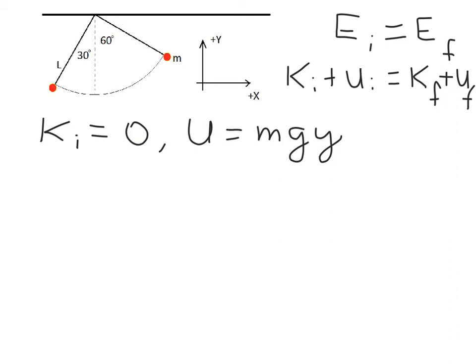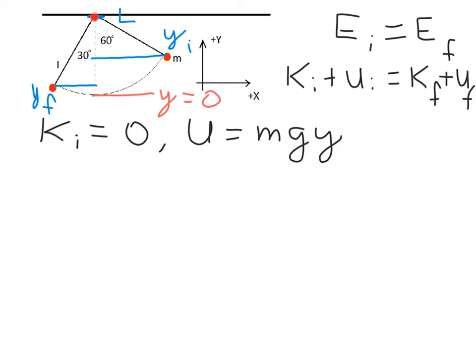Let us pick this position, the lowest position of the object, as y equals 0. That way all our positions will have positive y coordinates. So now we mark y equals 0 at the lowest position. We have y initial, the initial height at the starting position, and y final, the final height.